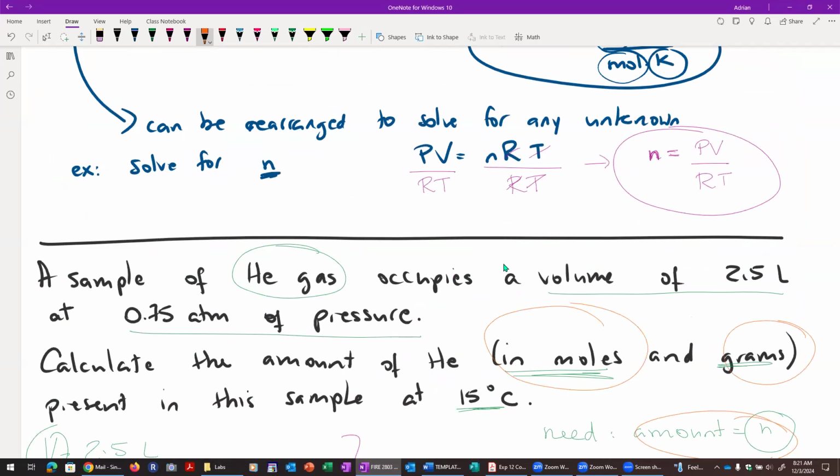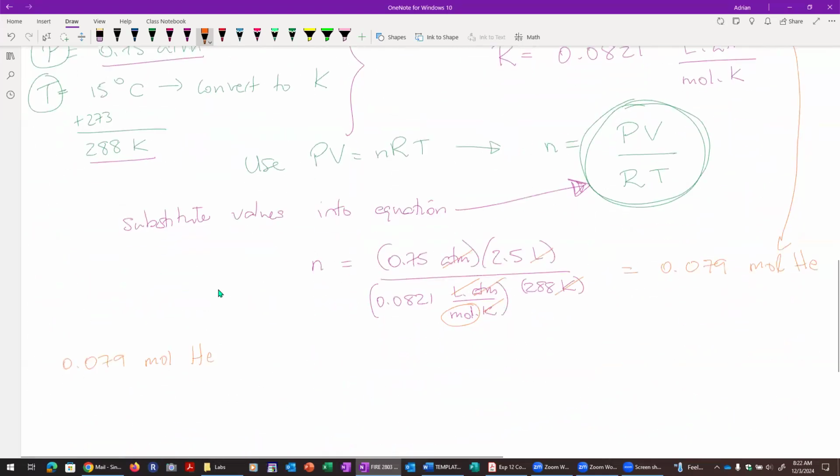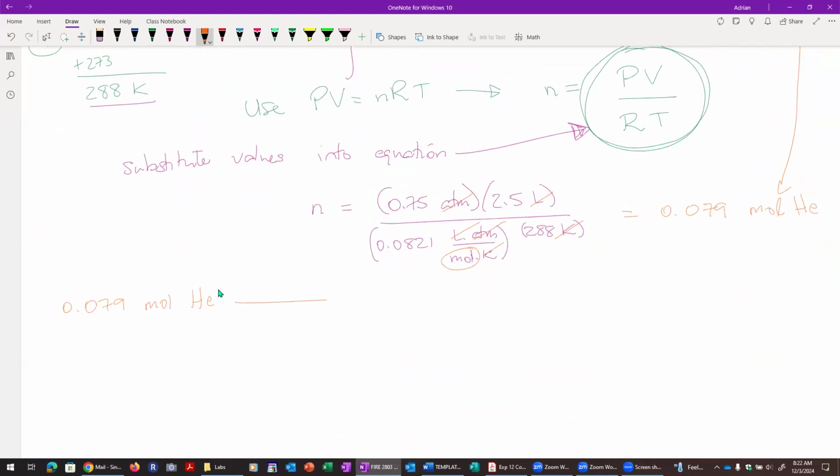And then we also need to find, so we just found the amount in moles, we also need to find the amount in grams. So we just calculated moles of helium. Now we want to go to grams of He. And this is something that we did a few weeks ago. Going from moles to grams or grams to moles, we're going to use the molar mass of that thing, which we can look up on the periodic table. So I have 0.079 moles of helium. That goes over 1.